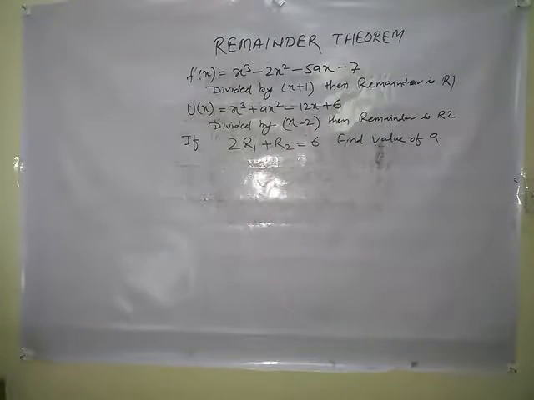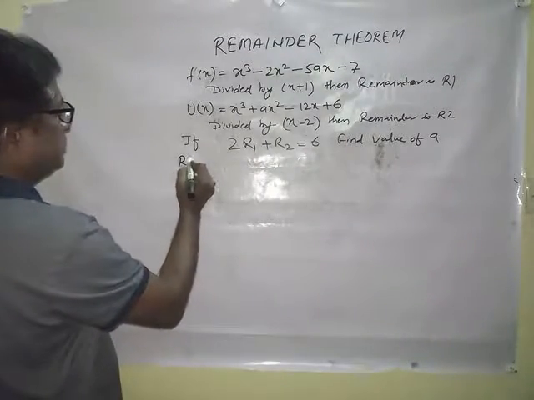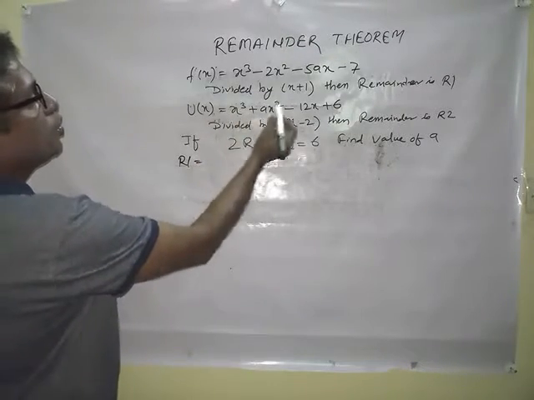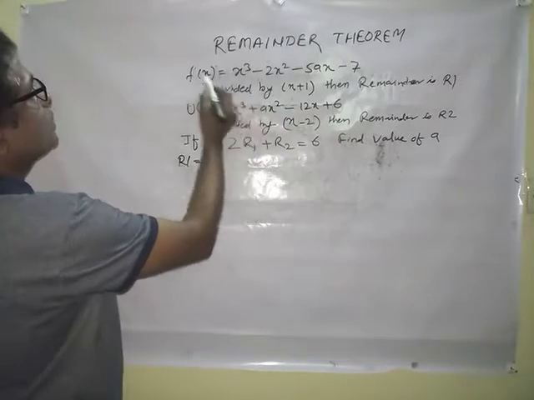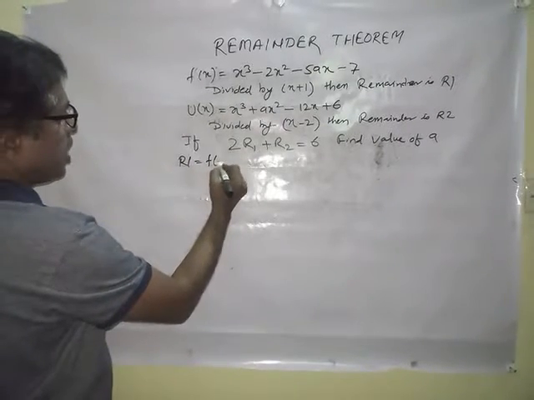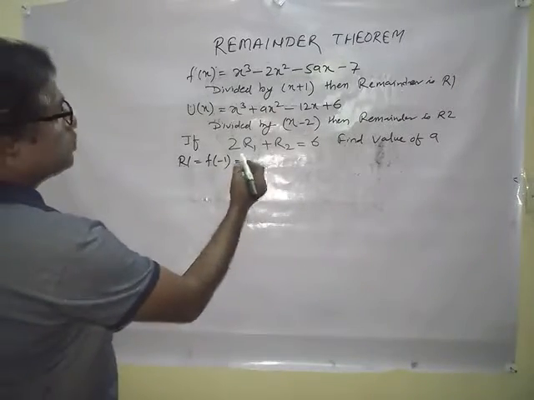Let us solve this. So r1 equal to this, x plus 1 is equal to 0, so x is equal to minus 1. r1 equal to f(minus 1). Let us put the value here.